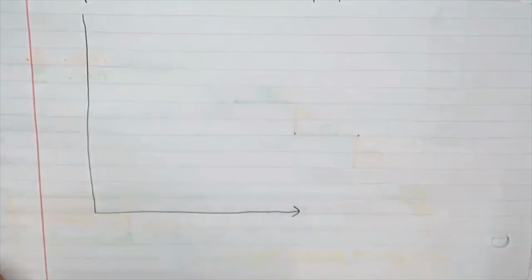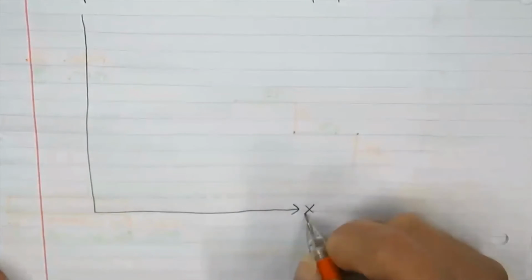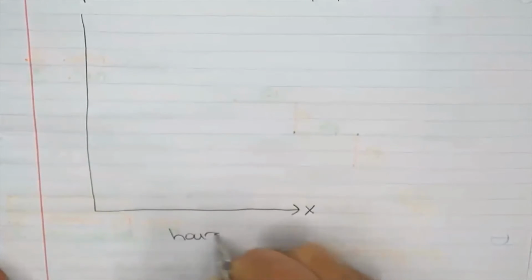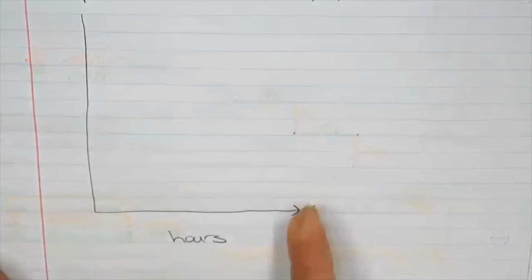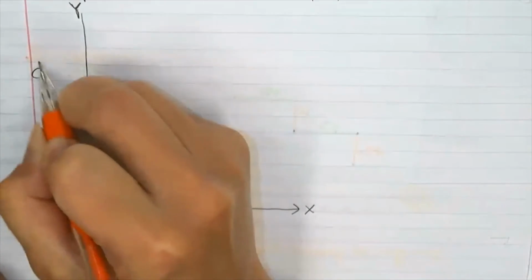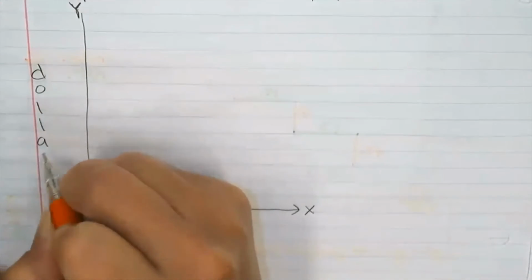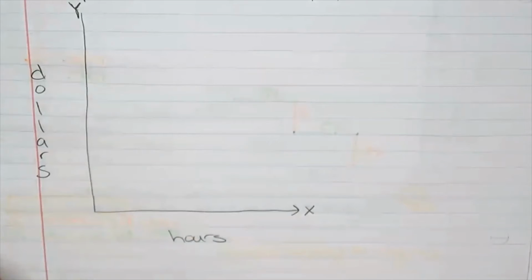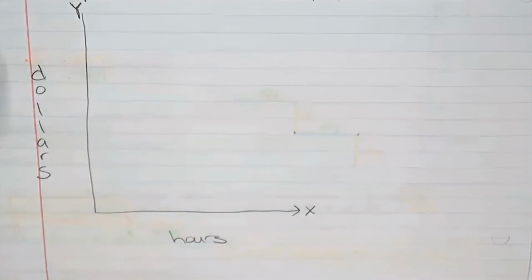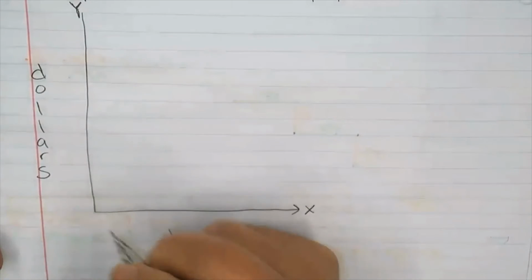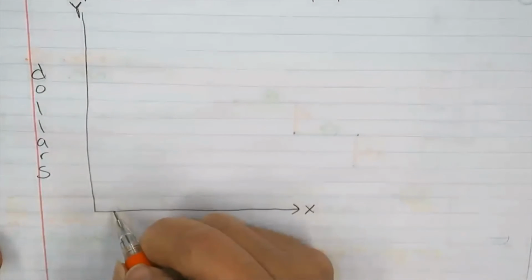So they told me that hours worked was X, so I'm labeling my x-axis hours. They told me that dollars was Y. So I don't have to think about what I'm labeling my axes. They've already given me that information. Creating the graph is the biggest pain.